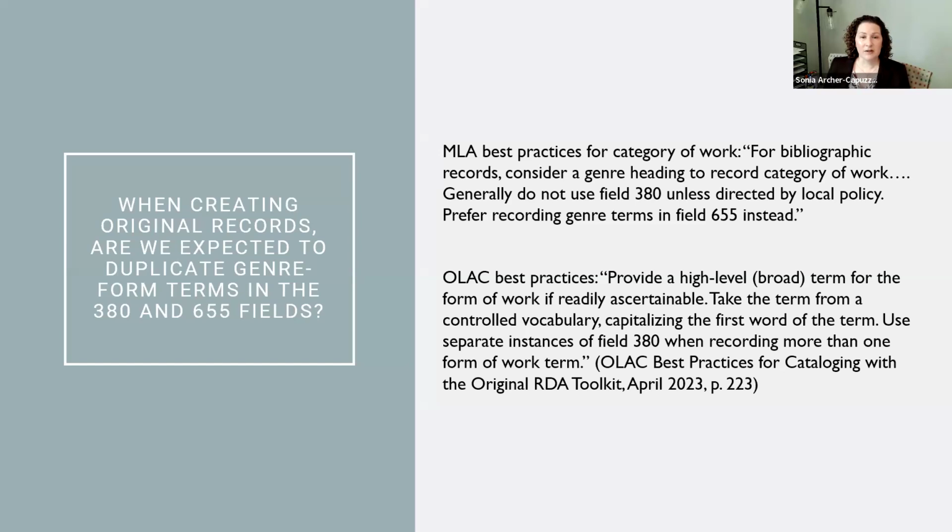OLAC does say something that seems a little different, saying that we should provide a high level or broad term for the form of work if readily ascertainable. And you can take the term from a controlled vocabulary, and they say use separate instances of field 380.